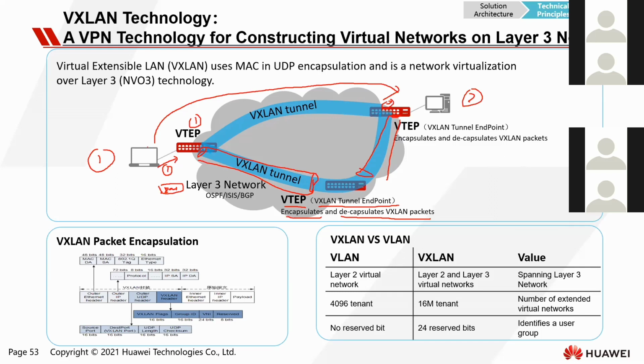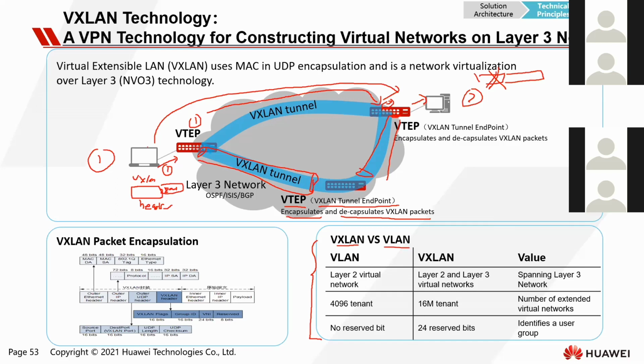This data packet will be encapsulated using a VXLAN header, and then it will forward the packet to switch 2. Once this packet reaches switch 2, it will remove the VXLAN header and send it to PC2.